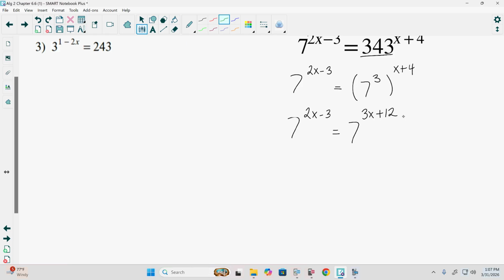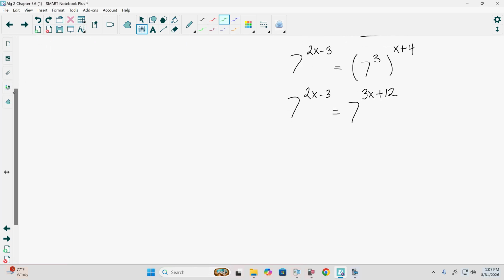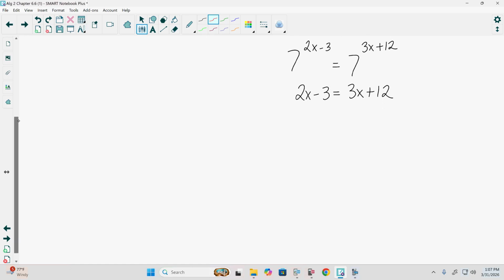Powers of powers would multiply. So we get to 7 to the 2x minus 3 is equal to 7 to the 3x plus 12. And the bases are the same, the exponents have to be the same as well. What can we do first?